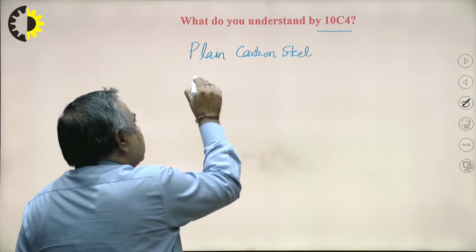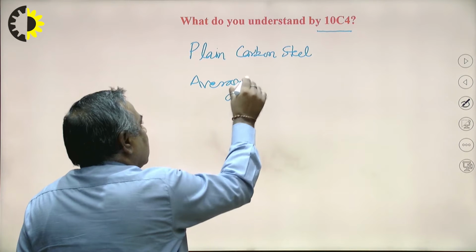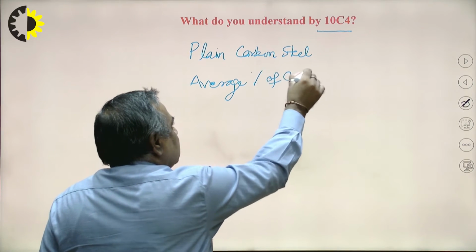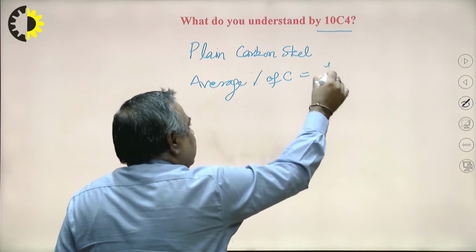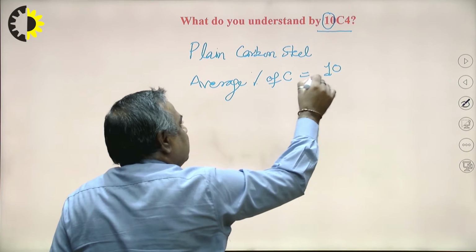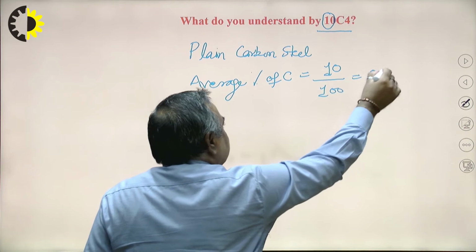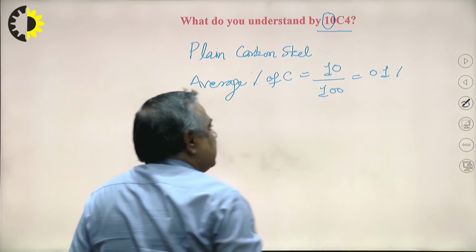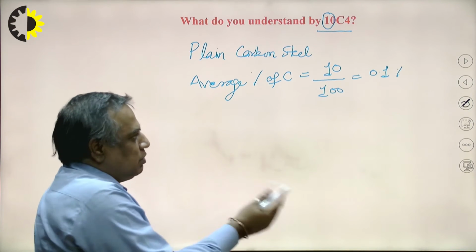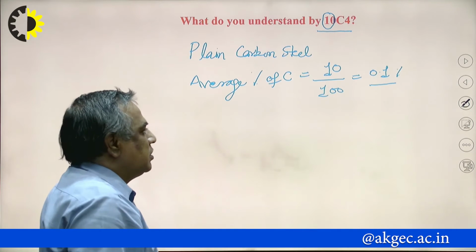Then what is the average percentage of carbon in this? It is 10, which is 100 times the percentage, so divided by 100, it is 0.1%. This may be 0.08 to 0.12%, there may be variation, but this is the average carbon percentage we get.